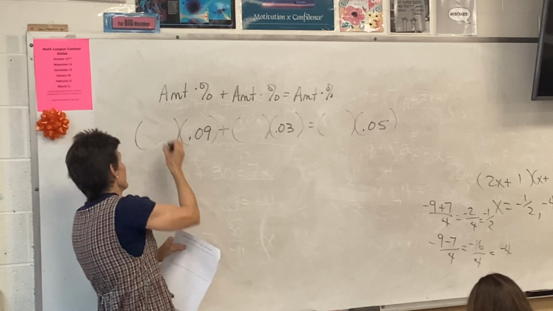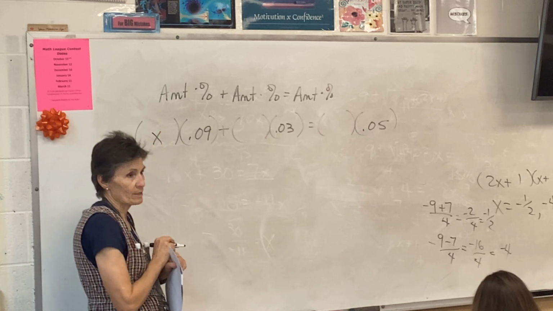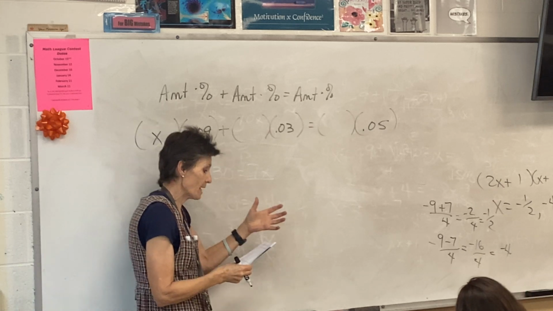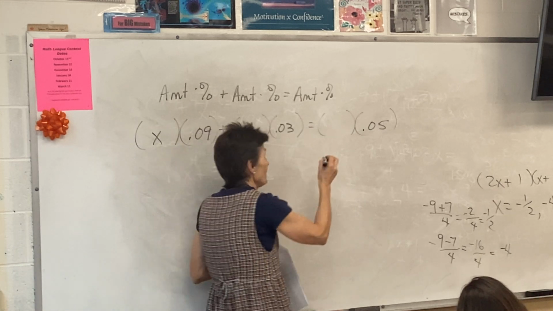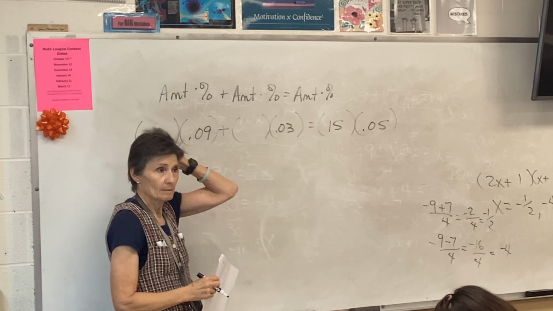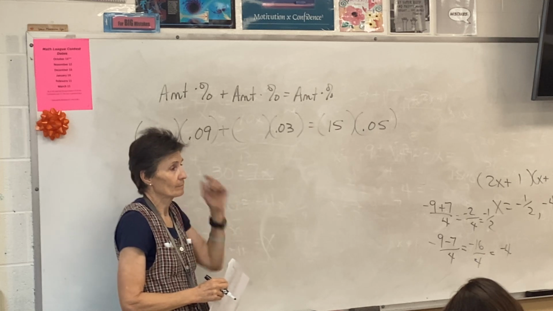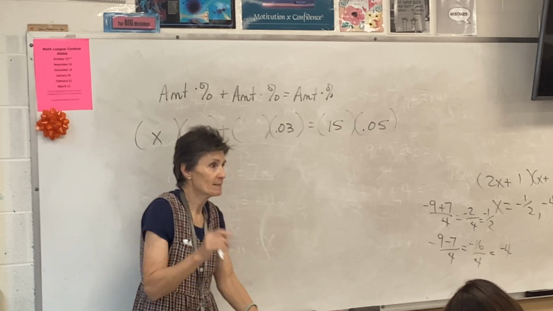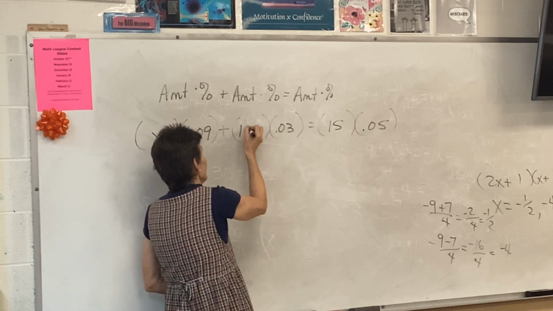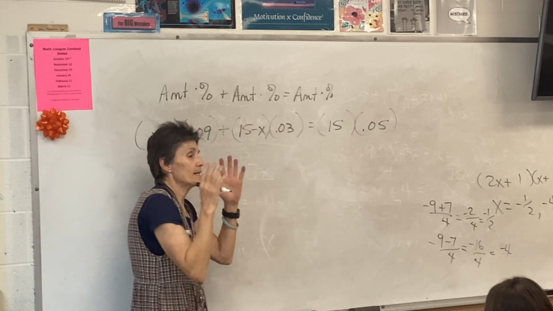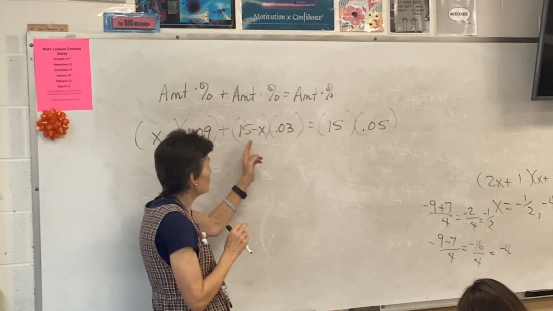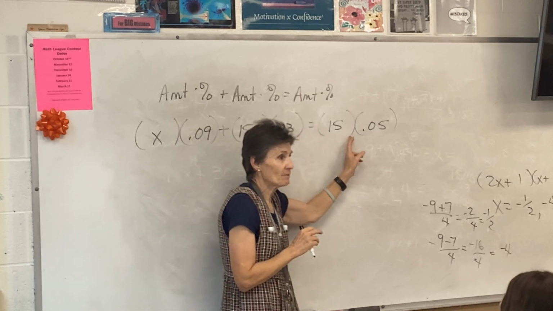How much 9% must be mixed with a 3% to get 15 gallons of the 5%? 15 minus X. Again, open your brain. These two added together have to be 15.